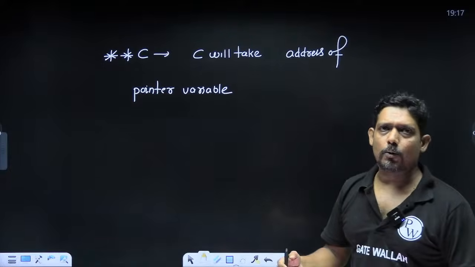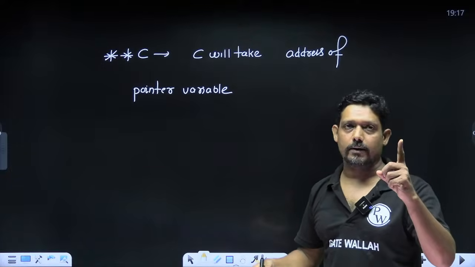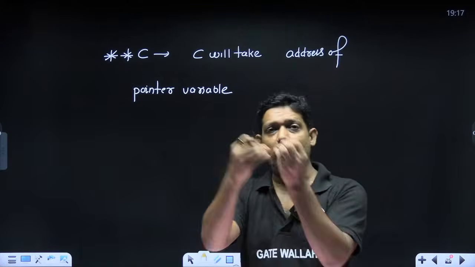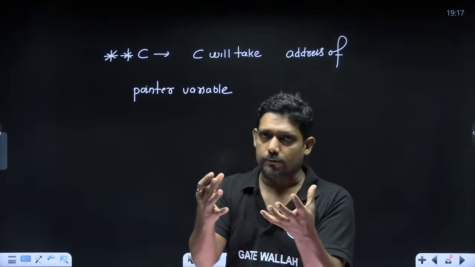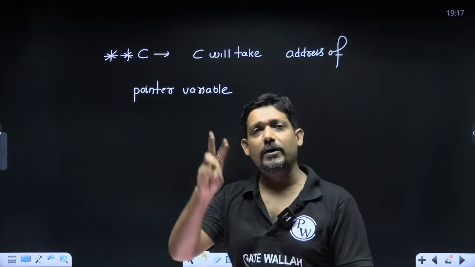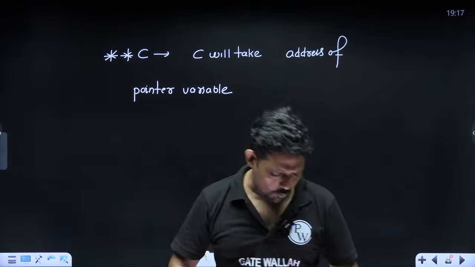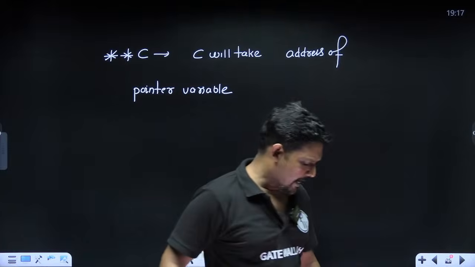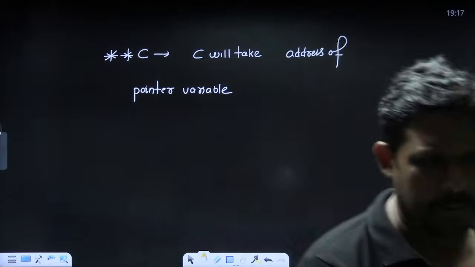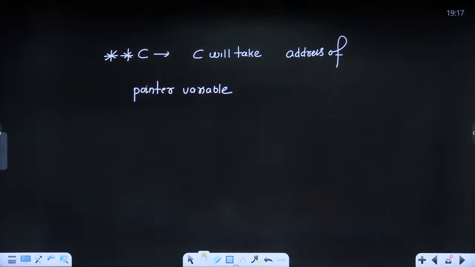So double will take the address of a single pointer, triple will take the address of a double pointer, and quadruple pointer will take the address of a triple pointer. This is how it works, and you can keep on copying this thing. Let's have a little demonstration of this funny thing.